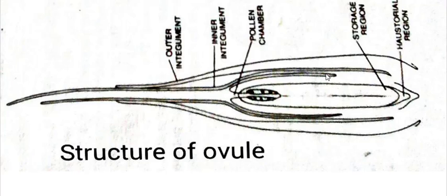On the above region of the ovule, this inner integument becomes elongated and projects above the bracts and bracteoles which surround this ovule, meaning the bracts and bracteoles present around this ovule.